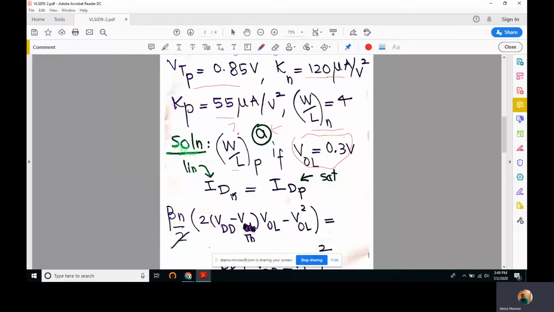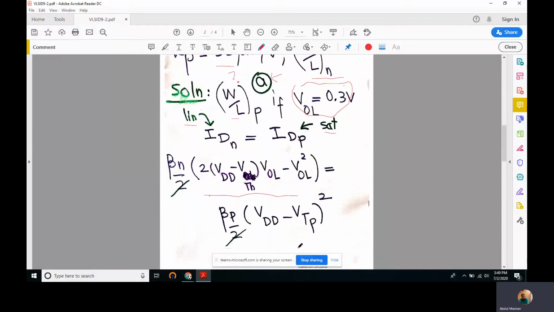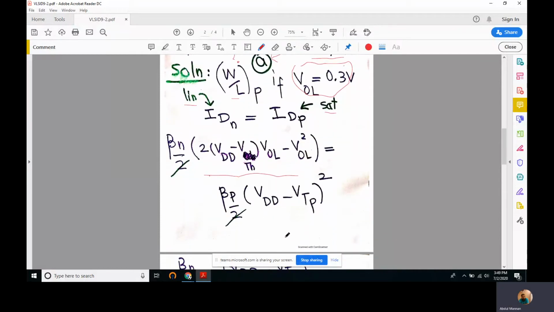In our last lecture, we studied that IDN equals IDP when we have input logic 1 and the output is logic low. And this nMOS transistor is in its linear region, and the PMOS transistor is in its saturation region. This is the equation for current ID when nMOS is in linear region, and this equation is for ID when the PMOS is in its saturation region.